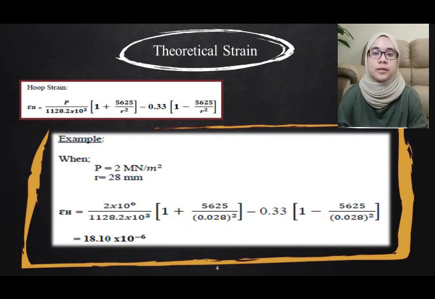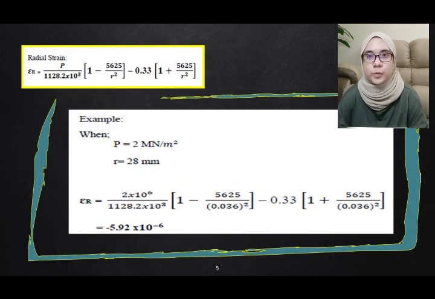After we key in all the values into the equation, the value that we got for the hoop strain is 18.10 times 10 to the power of minus 6. For the radial strain, the equation is P divided by 1128.2 times 10 to the power of 3, times 1 minus 5625 divided by R squared, minus 0.33 times 1 plus 5625 divided by R squared.